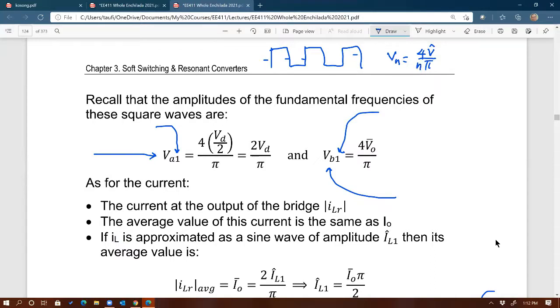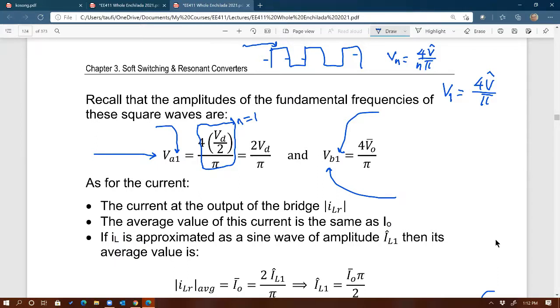If it's only the first one that we're looking for, that's going to be the voltage peak of the square wave divided by n equal to 1, so 1 times pi, which is just pi. That's why you see this equation right there. I'm looking at only n equal to 1. So you see 4 times the peak, which is Vd over 2, the peak of this square wave, divided by pi.